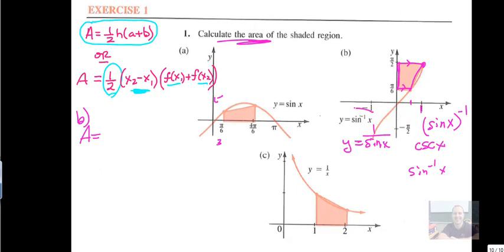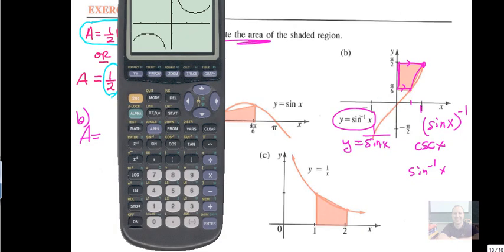One way you could figure out whether this is cosecant or the inverse is to graph it. If you have a graphing calculator, you could graph 1 over sine x, then graph sine to the negative 1 of x, and see which one looks like this. Just to reiterate on the calculator, this is 1 over sine of x, and if we do sine to the negative 1 of x, we get this graph we're seeing here.